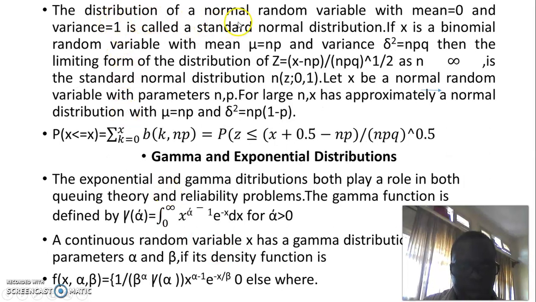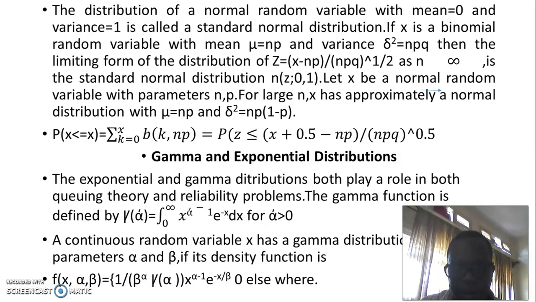The distribution of a normal random variable with mean 0 and variance 1, as I said, is called the standard normal distribution. The standard normal distribution has a mean of 0 and a variance equal to 1.